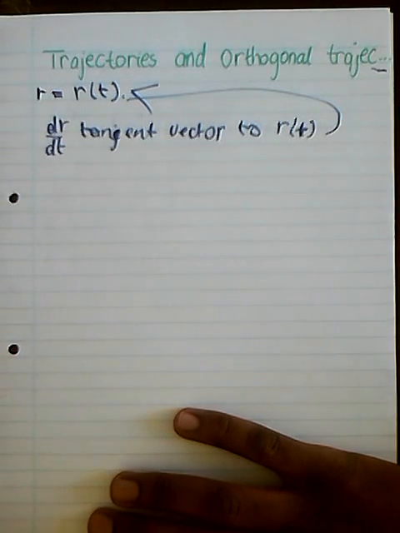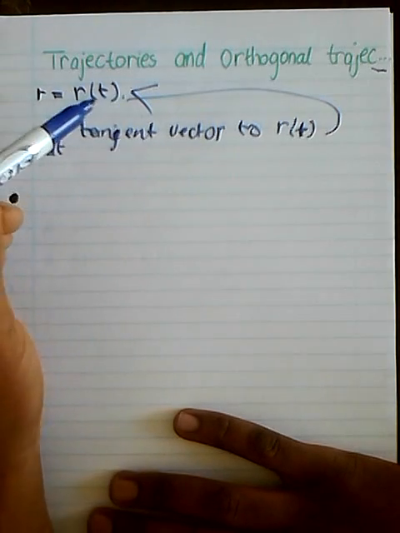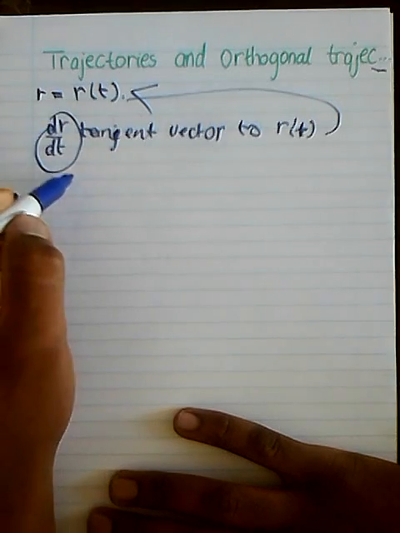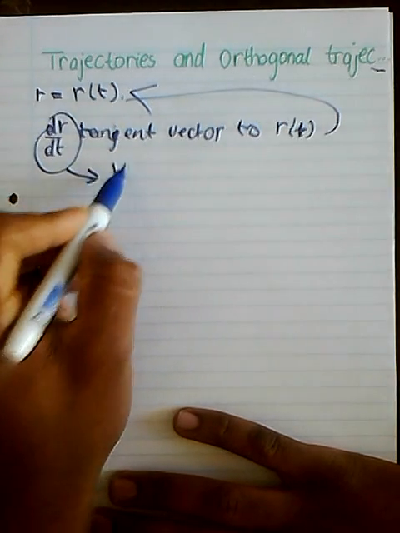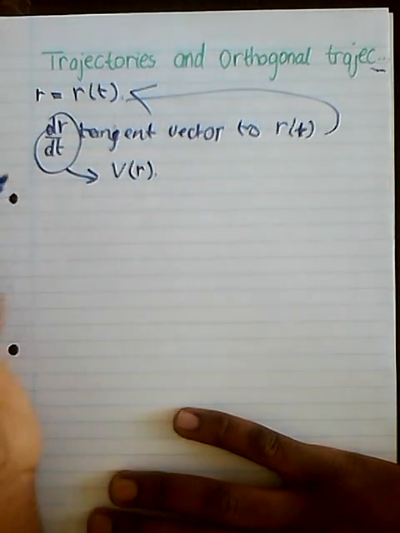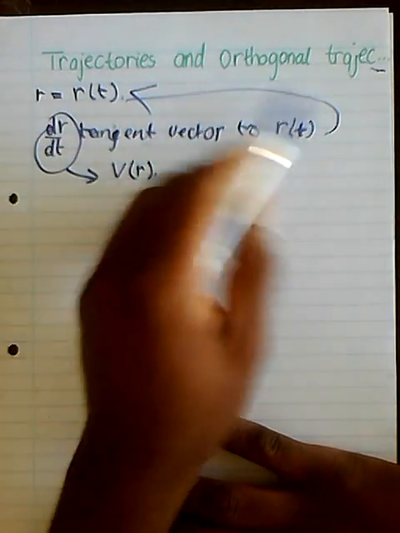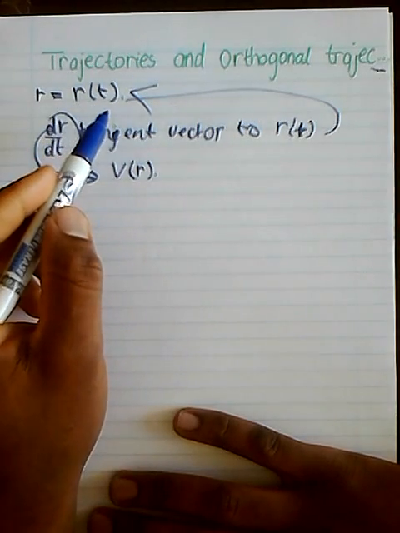Now what we are given when we're dealing with trajectories is this as v of r. We are given the tangent vector to our curve.